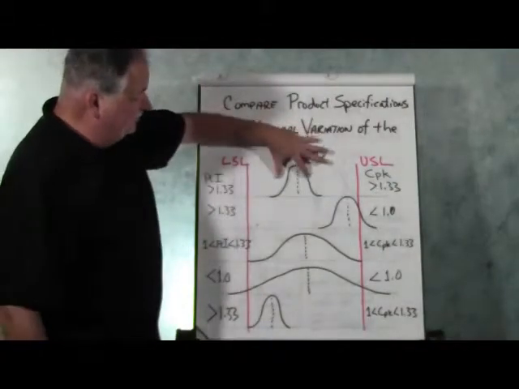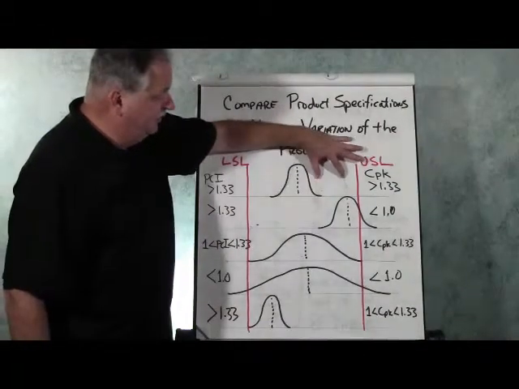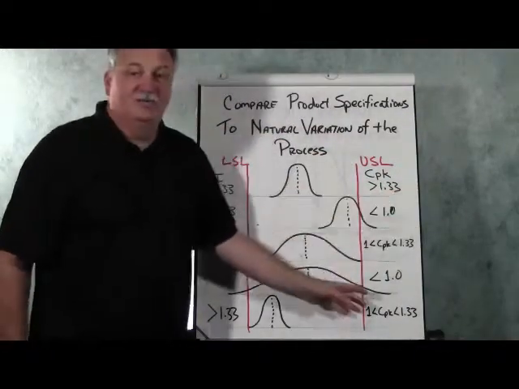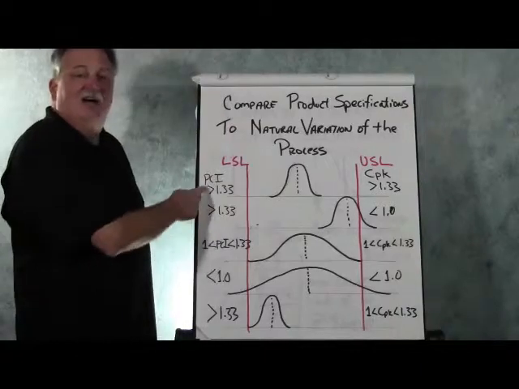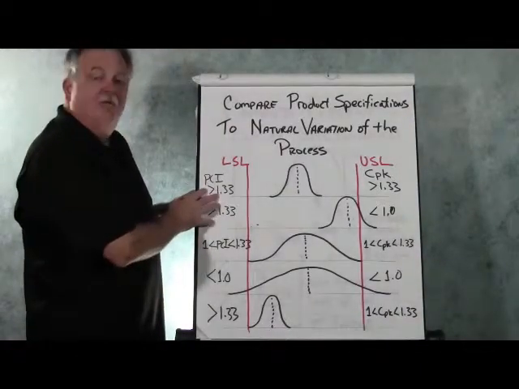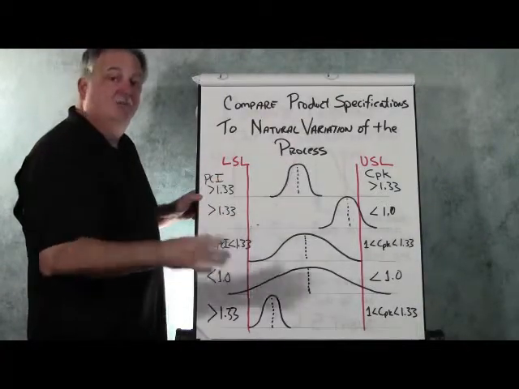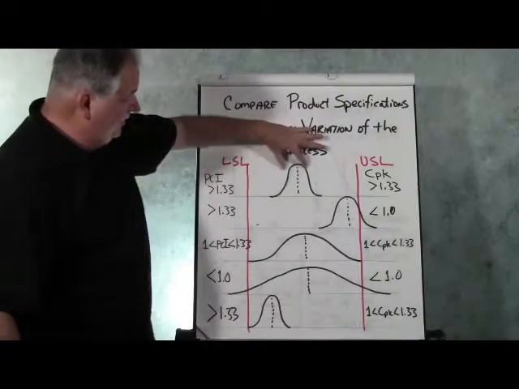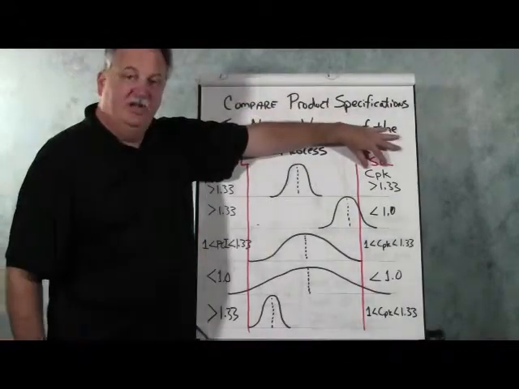All right, so here's this distribution. If it's here, or like in this case, way over here, where some of its tail is outside of the upper spec, guess what? The PCI says, hey, you're perfectly capable. The other measure we have, the CPK, says, whoa, hold on a second, you're not centered. If we're centered, PCI and CPK are the same.